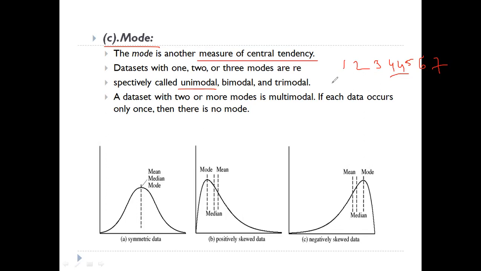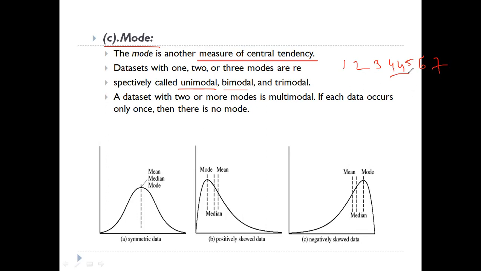So the mode is 2 here, and this kind of data set is called bimodal.